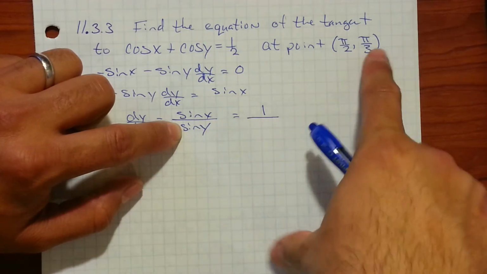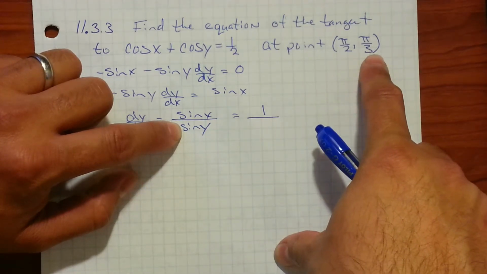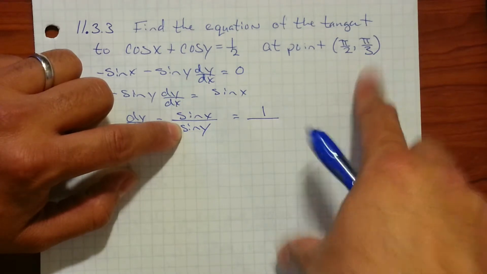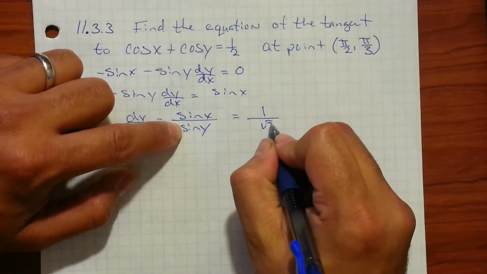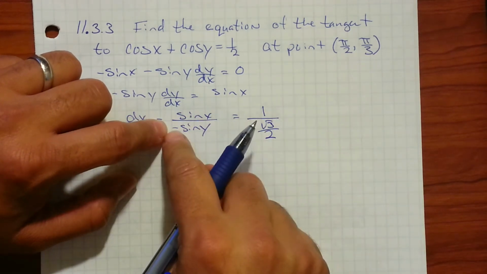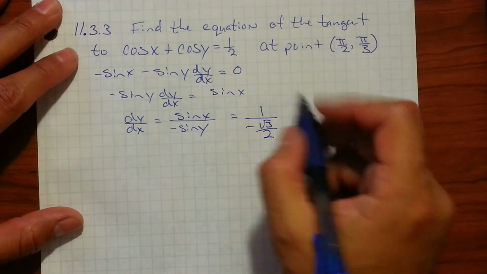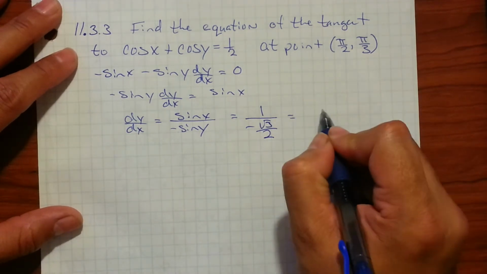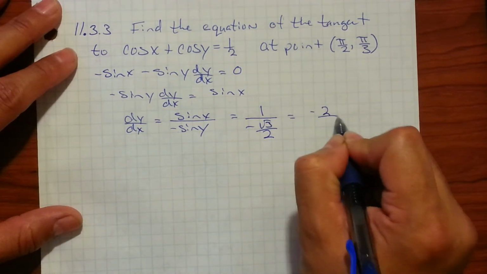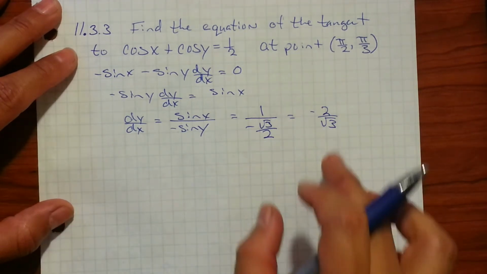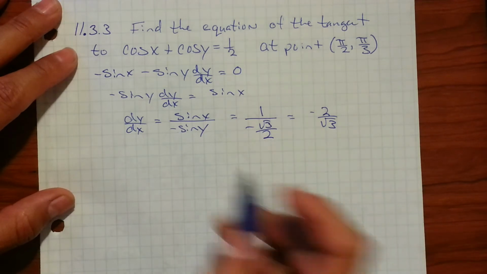Sine at pi over 3 should be square root of 3 over 2. So I have square root of 3 over 2, and since there's a negative outside there, I make that negative right there. Multiply by the reciprocal, and I should get negative 2 over radical 3 as my answer here.